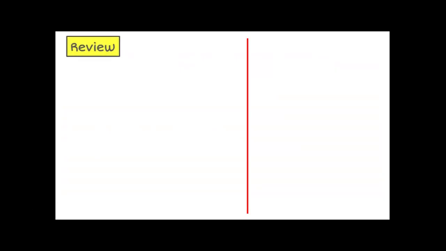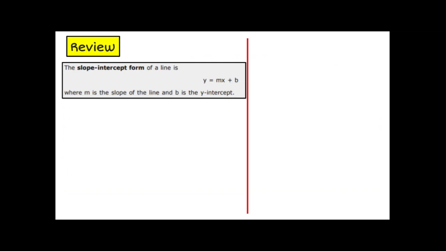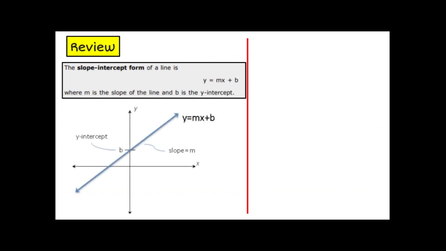So before we move on further with this LSR line, it's important for us to remember a familiar concept in algebra. If there's one thing we all remember about lines, it's the slope-intercept form of a line, which is the famous y equals mx plus b, where m is the slope of the line and b is the y-intercept. Knowing the form isn't enough, we also need to know what each part means.